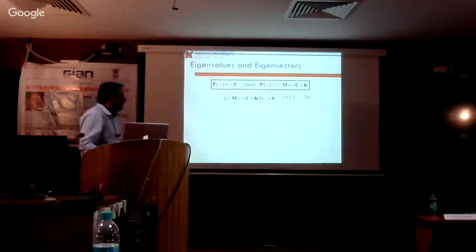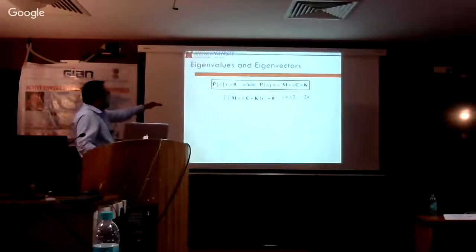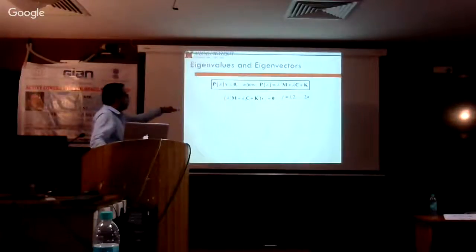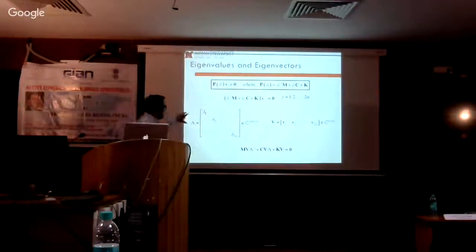So we can write an eigenvalue equation for individual poles, or individual eigenvalues and corresponding eigenvectors. We can also represent it in a modal and spectral matrix form. So this is called a spectral matrix.